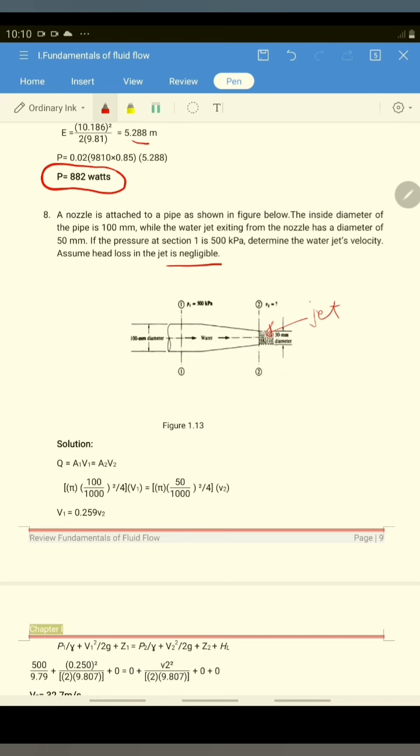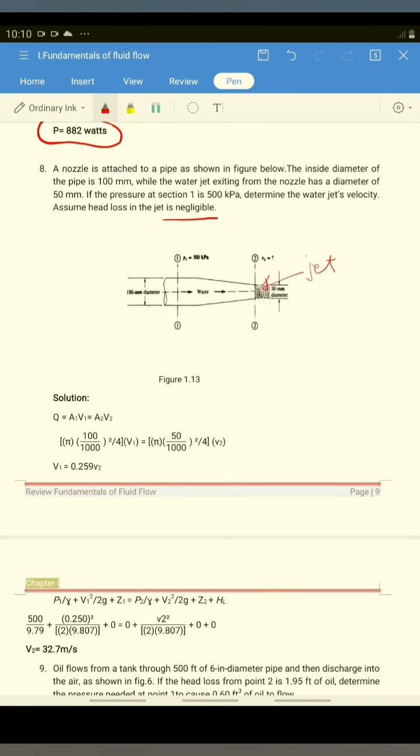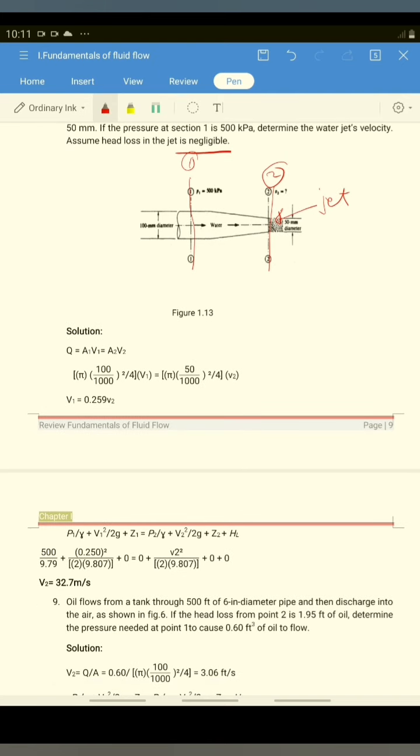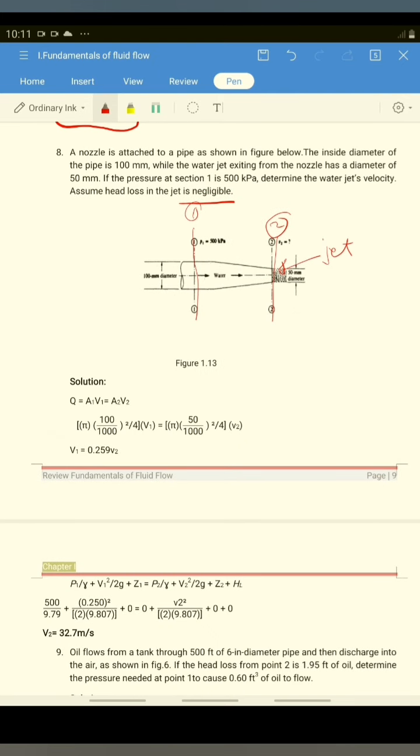Here, since the pipe diameter is given, you have section 1 and the pipe diameter. At the jet, you have the 50 mm diameter of the jet.